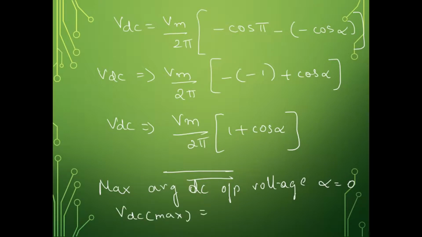Cos 0 is 1, 1 plus 1 is 2, 2 and 2 get cancelled, it will be Vm by pi. So substituting alpha equal to 0 in this equation, you get Vm by pi. The average output voltage can be varied by varying the firing angle or triggering angle from 0 to 180 degrees.